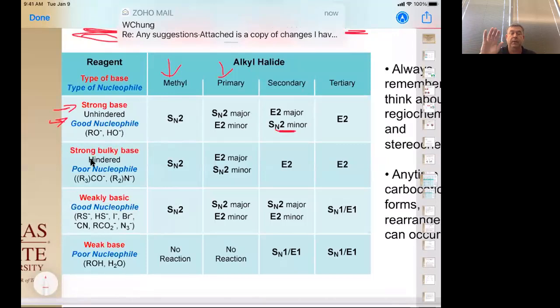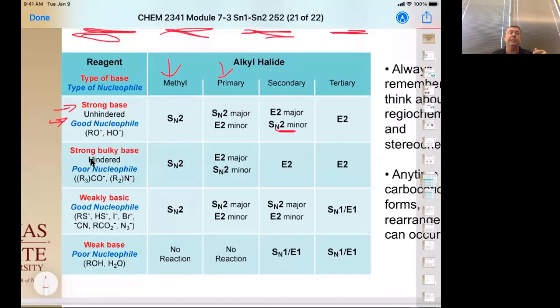Okay, all right. So now let's switch to big bases. Well, big bases are not going to be very nucleophilic, but in the case of methyl, it can do that because it cannot do an elimination reaction. The only reaction it can do is that substitution reaction. However, on all other substrates, E2 is primary.